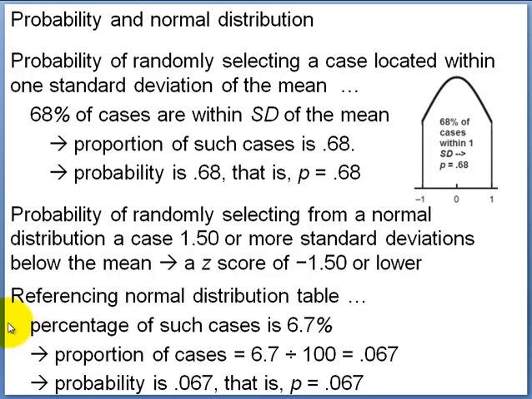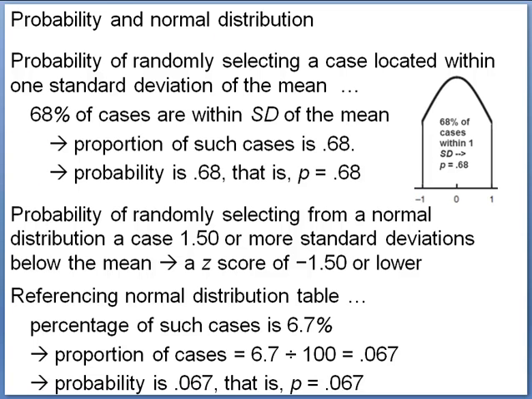Consulting that table, we find that the percentage of cases with z-scores of minus 1.50 or lower is 6.7. The proportion of such cases, therefore, is 0.067. Proportion and probability are one and the same, thus p equals 0.067.